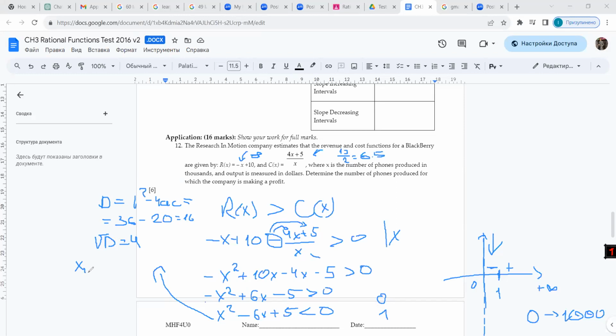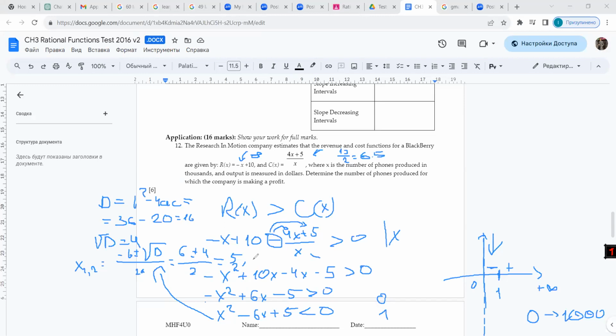Now x1 and 2 equals negative b plus minus the square root of the discriminant divided by 2a equals 6 plus minus 4 divided by 2. Now it's correct. If plus, then it's 5.